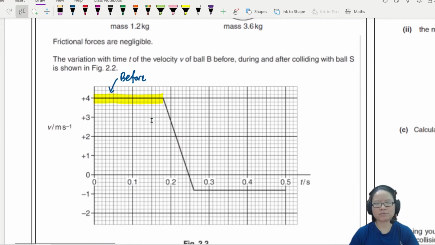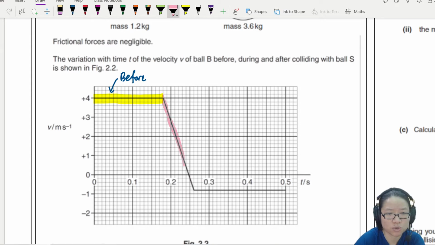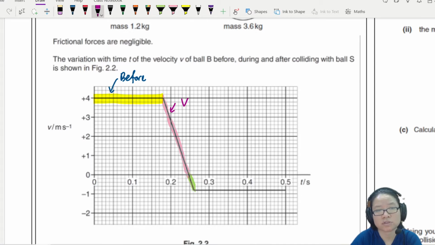And then for some reason, the velocity decreases and then increases in the opposite direction. So from here to here, the velocity decreases, and then from here to here, the velocity increases in the opposite direction.